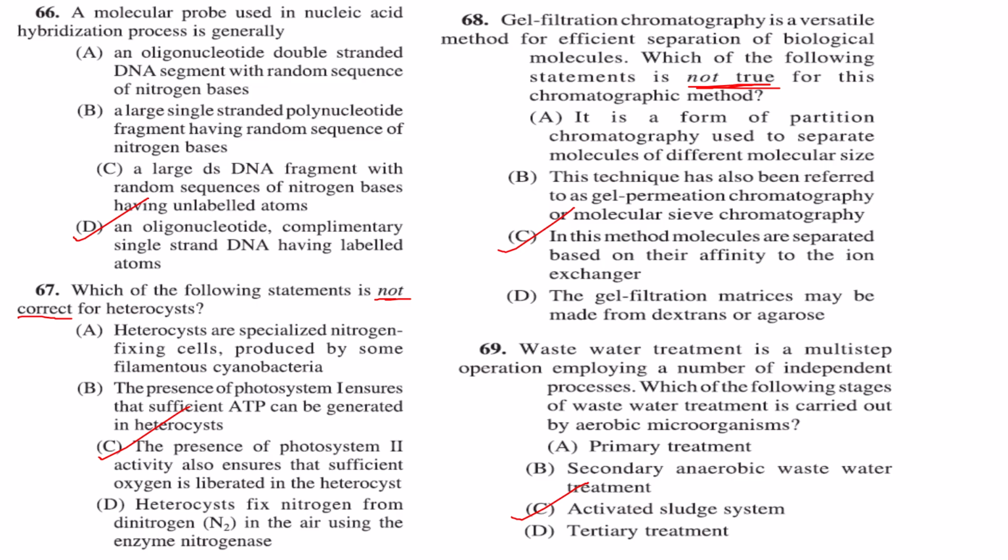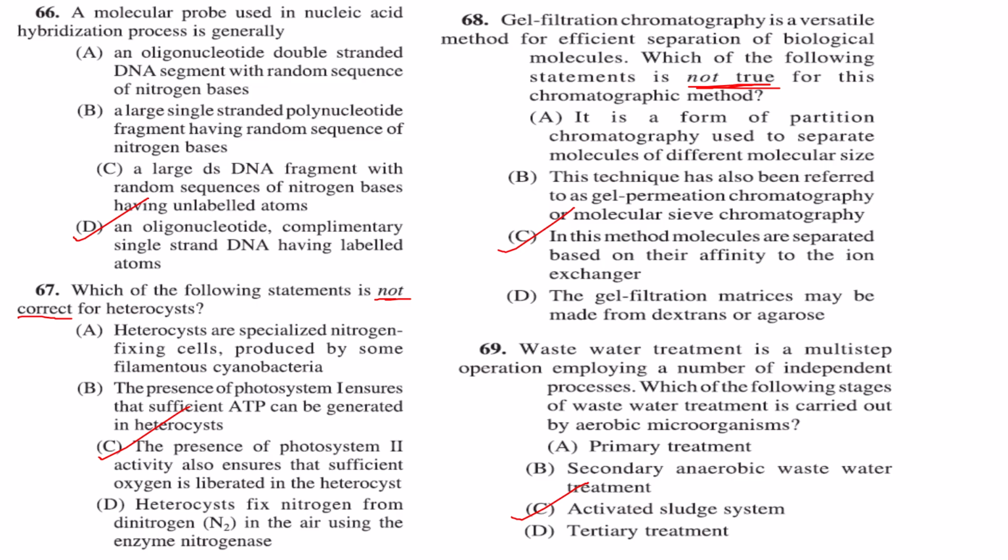Primary treatment involves screening and sedimentation to remove large objects and suspended solids from the wastewater, and they do not use any aerobic microorganisms. Secondary anaerobic wastewater treatment uses anaerobic microorganisms, not aerobic microorganisms.